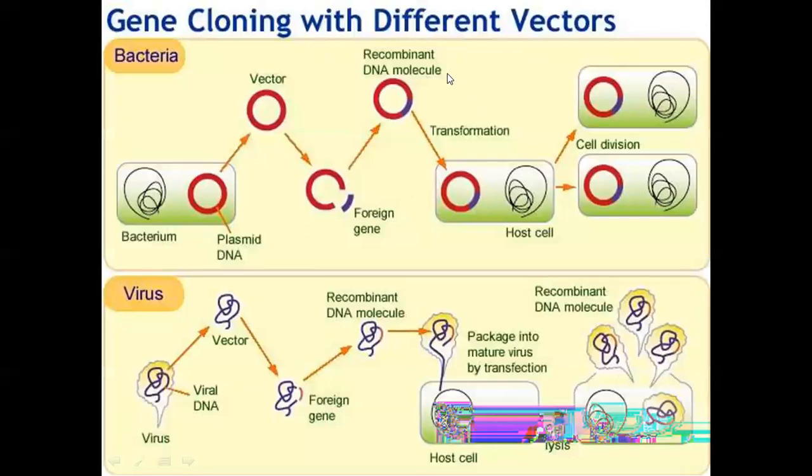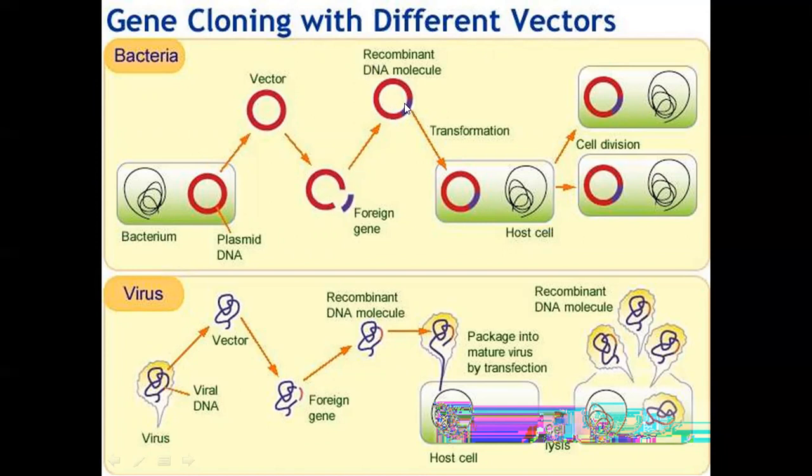Here is the typical picture of gene cloning. Suppose in a bacterium, the bacterial genome is there, but the bacterial circular DNA is the plasmid, say pBR322 or pUC8. You extract this vector through bacterial cell lysis using a buffer. Then the vector has to be cut using a restriction enzyme, so you can insert your foreign gene of interest.